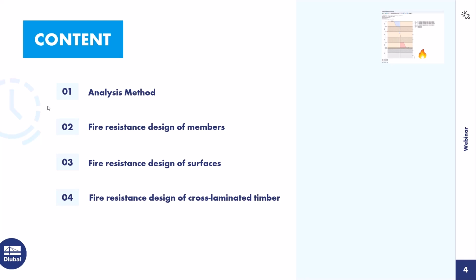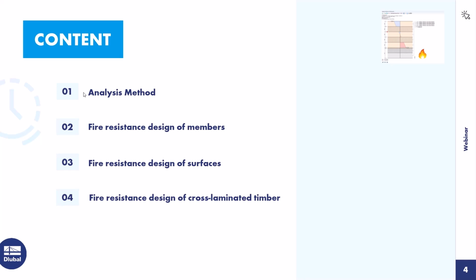We will not model anything today. We will switch to the program and I will show you the settings directly in the program. But the main focus today is the theory, so that you will understand what is the background of the Eurocode, and how everything works with the charring and with the design afterwards.